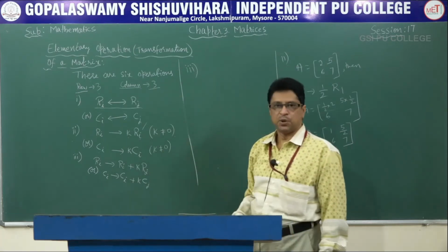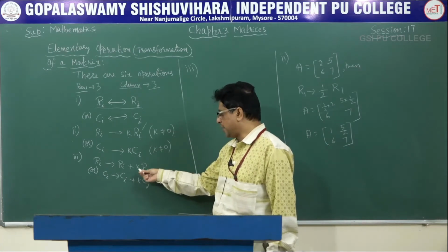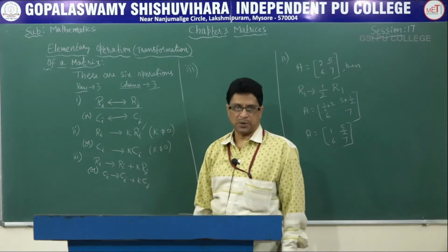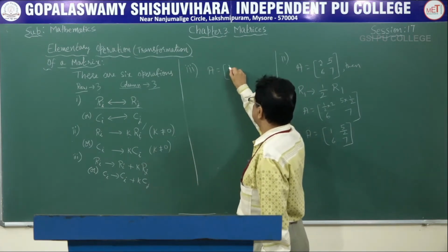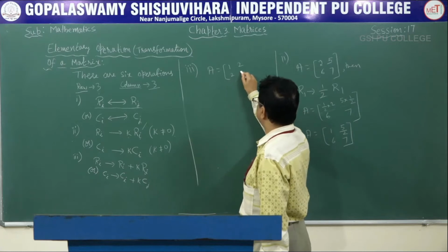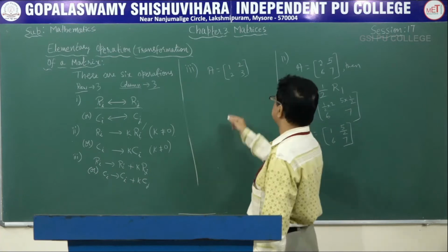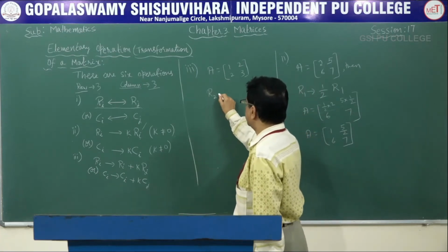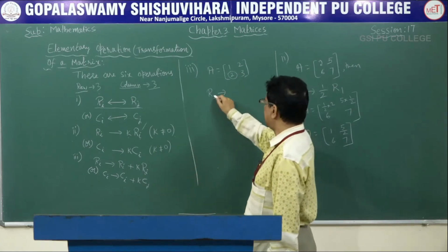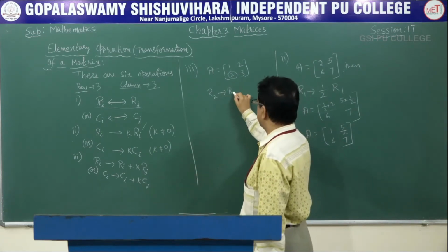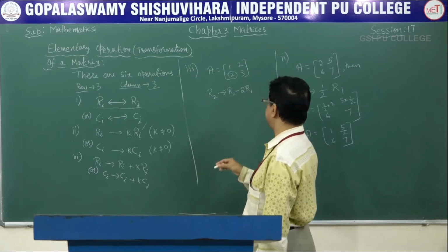which we can use is that some constant is multiplied to some row and added to the corresponding row. That is, if A equals [1, 2; 2, 3], then to make this element 0, R2 can be written as R2 minus 2 times R1.